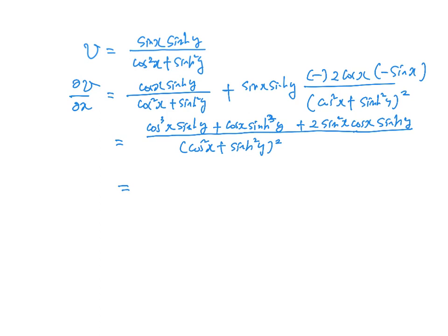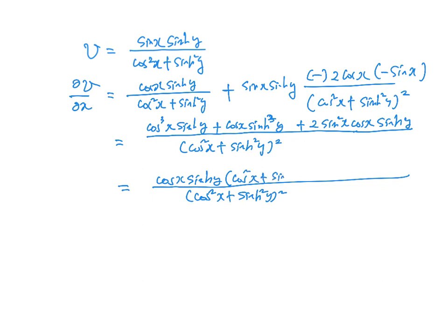So 1, 1. Cosine square x plus sine hyperbolic square y square. So we divide equally, cosine x sine hyperbolic y. We have cosine square x plus sine square x, right?